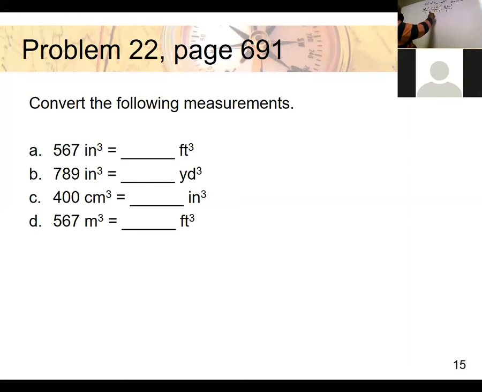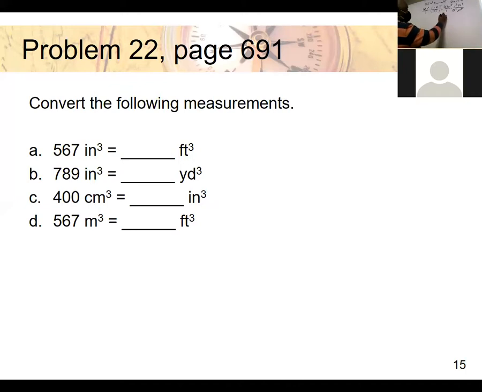I'm going to cube the 1 and cube the 12. 1 cubed will be 1 cubed, and that'd be cubic feet. And then that 12 will be cubed, and the inches will also be cubed. So now notice I got cubic inches in the numerator and the denominator. I can divide that out.